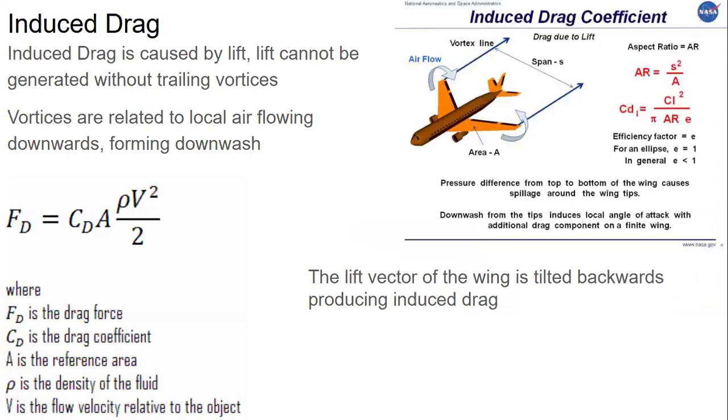Last time we talked about parasitic drag, and there are three types. This time we'll be talking about induced drag, which is the other type of drag. Whenever you're calculating total drag, you just add parasitic to induced drag. Induced drag is caused by airplanes generating lift. When an airplane is flying through an area, taking off, it's displacing a certain amount of air, and that air also generates lift.